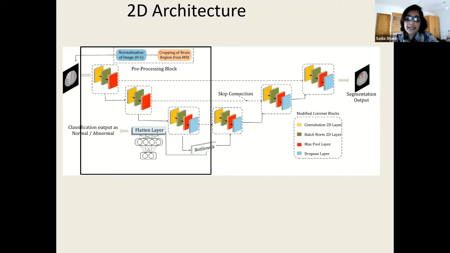So in that case, what is happening is that the first part that is enclosed in this black square is actually the part that is called the encoding part. What this part is doing is taking the images and passing all of them through a number of layers.